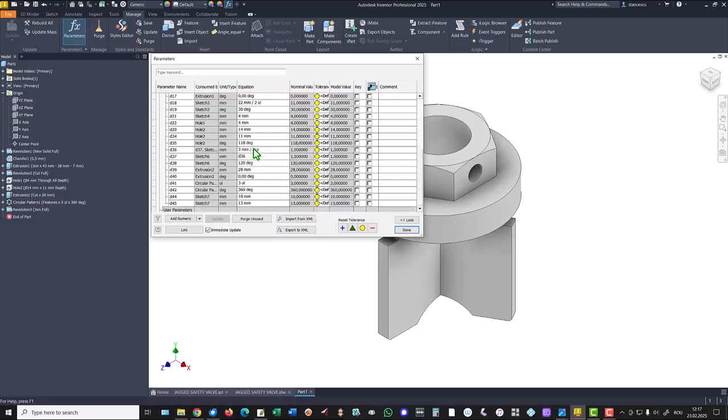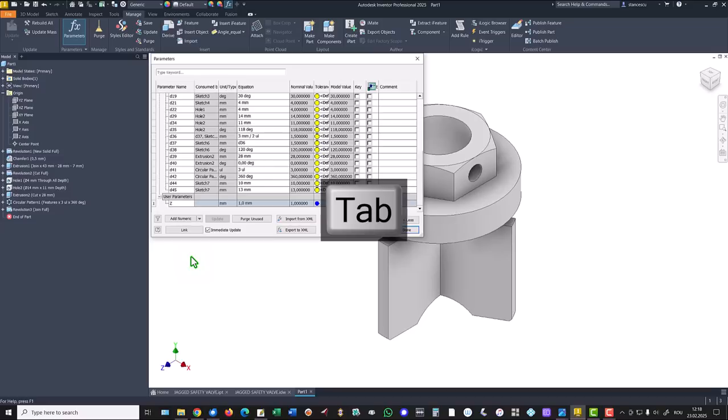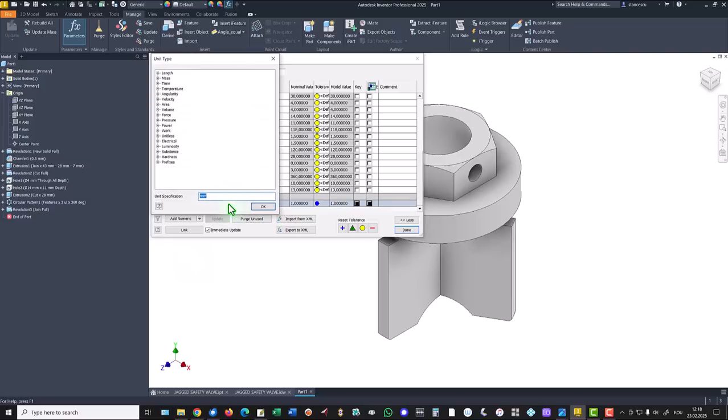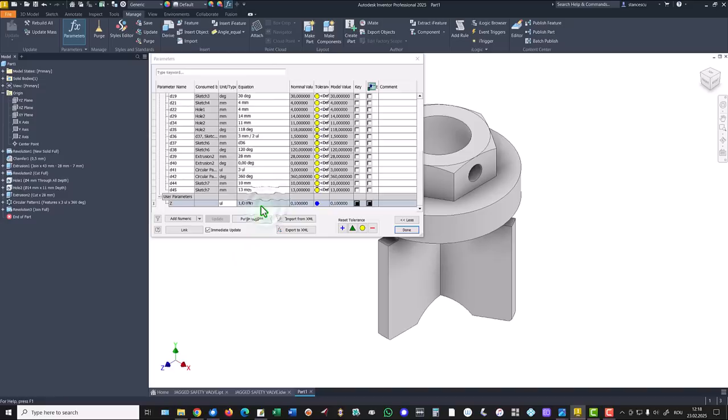Yes, and we create a new value with the name Z for notches, tab not millimeters but UL, unitless, number of 64.